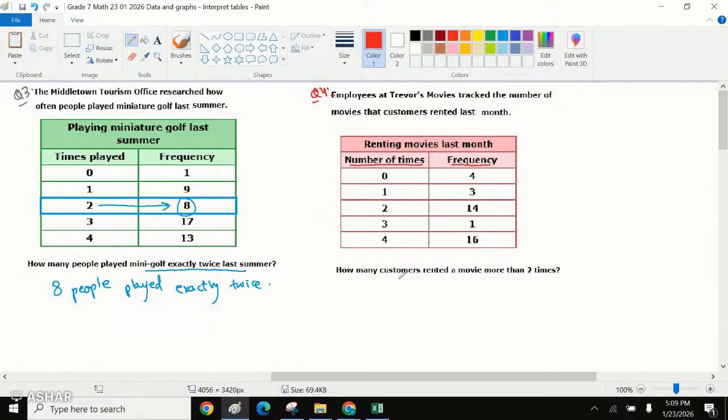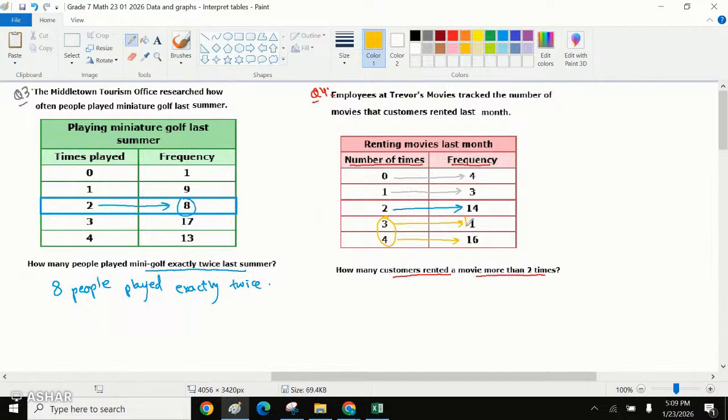How many customers rented a movie more than 2 times? See, this is 0 times, this is 1 time, but this was exactly 2 times, right? What we need to find is more than 2. More than 2 means movies rented 3 times or 4 times, right?